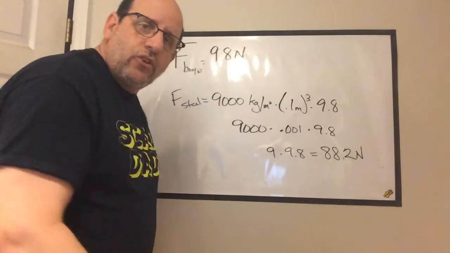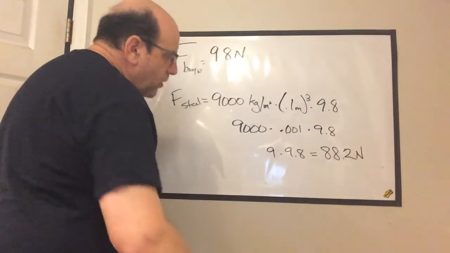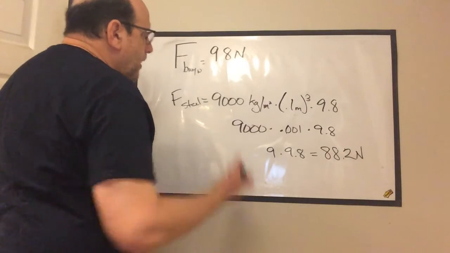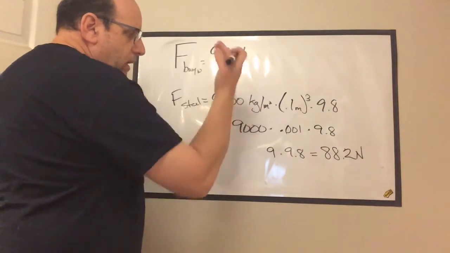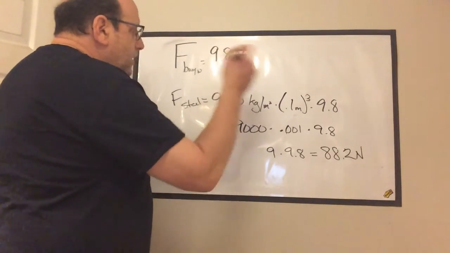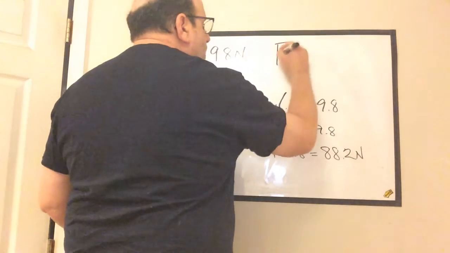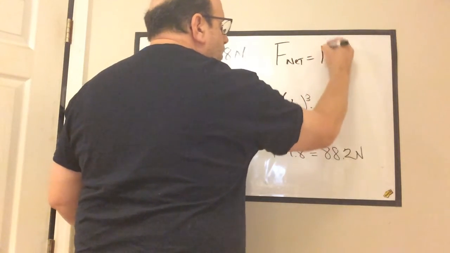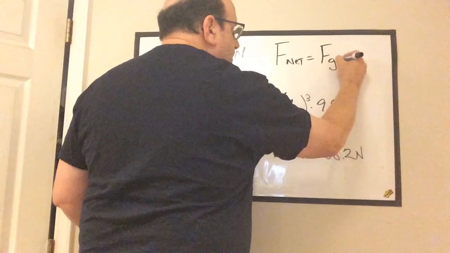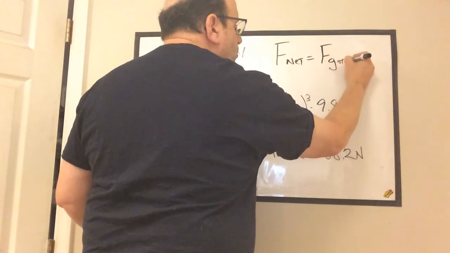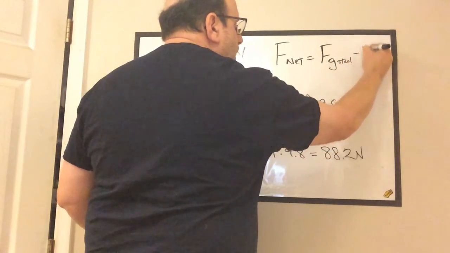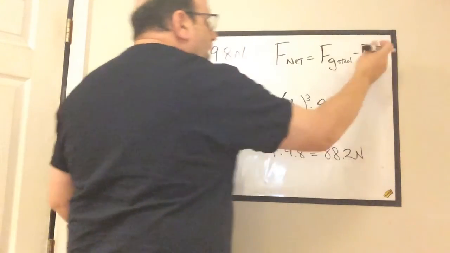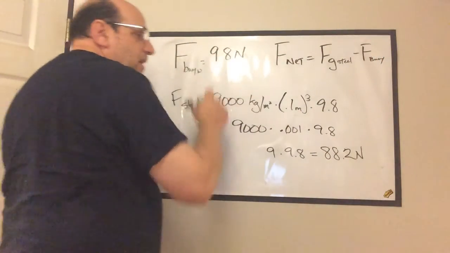That's the steel's weight, its density, pulling down through the water. And the buoyant force is only 9.8. So we want to find the net difference, because the net force is equal to the force of gravity on the steel, and maybe this is where you guys got lost, minus the buoyant force, and that's this guy right here.